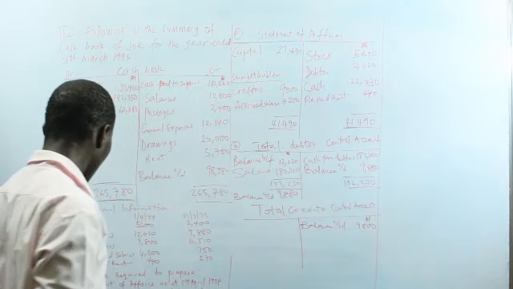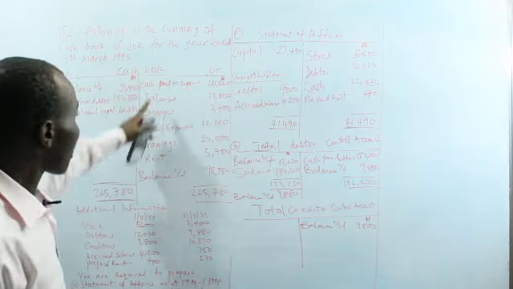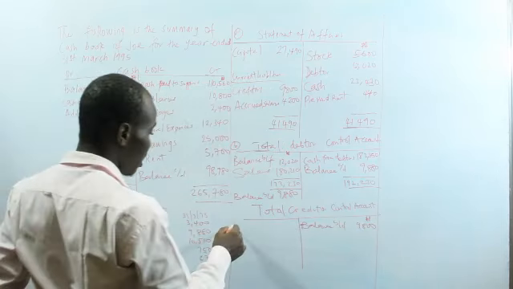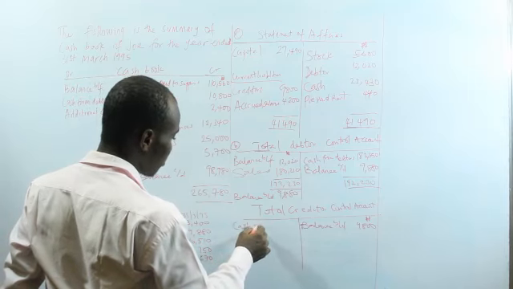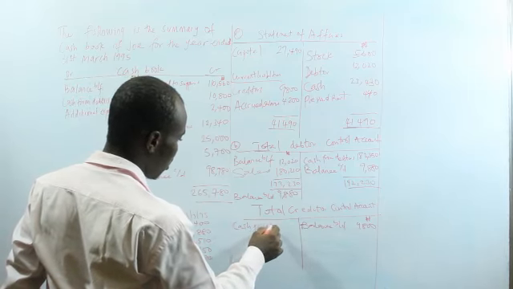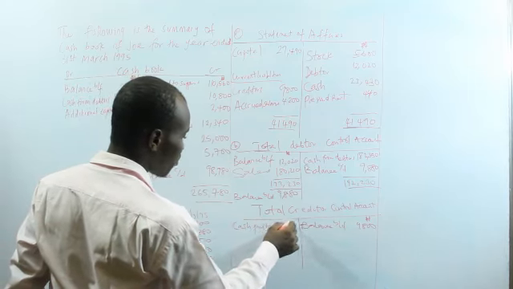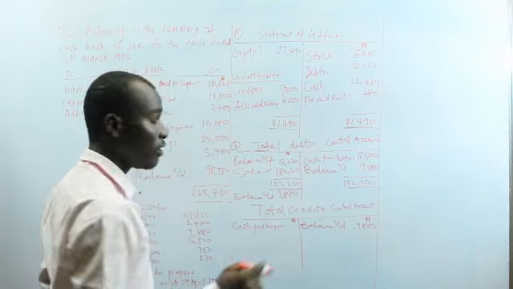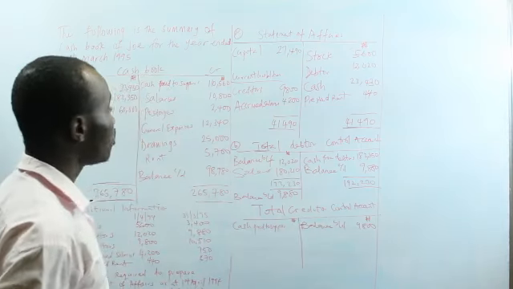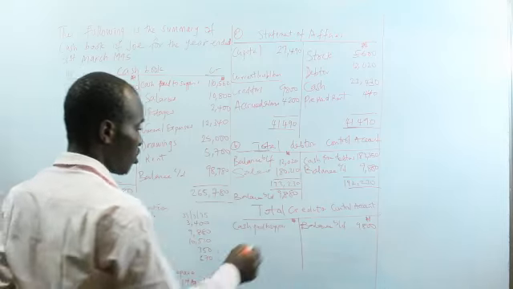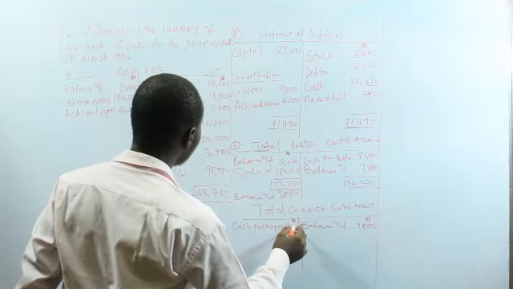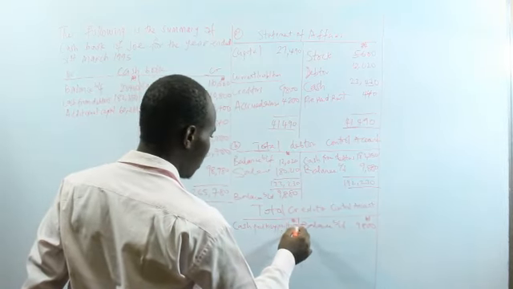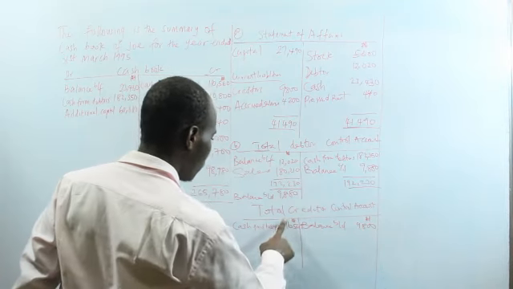We have cash paid to suppliers. The suppliers account will be debited with the cash payments. So we are using the control account to calculate the missing figure. We have 110,560.